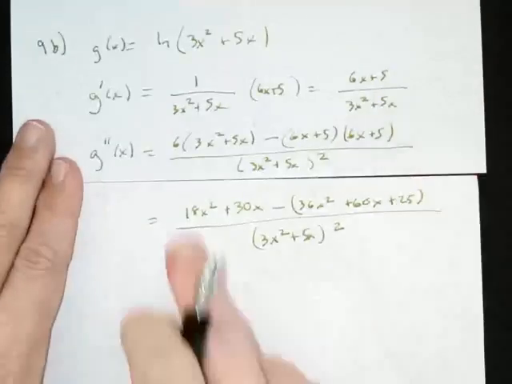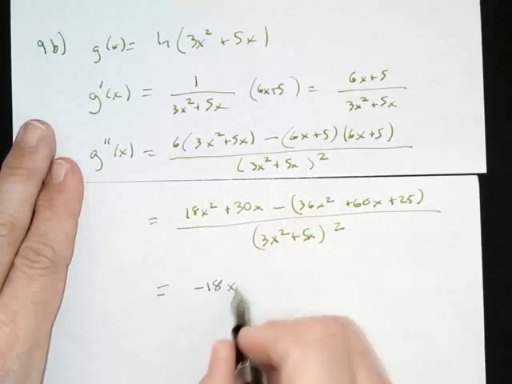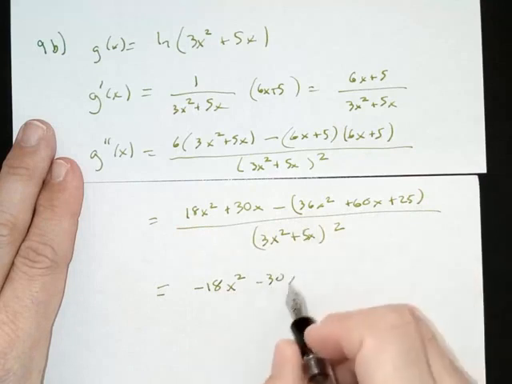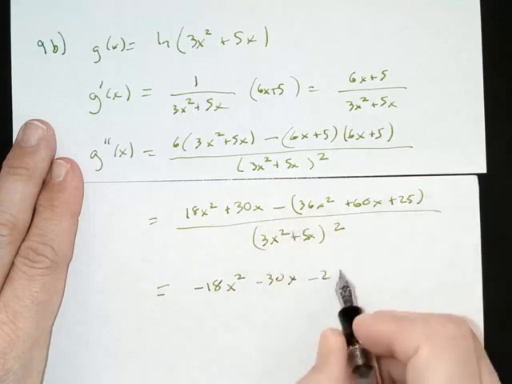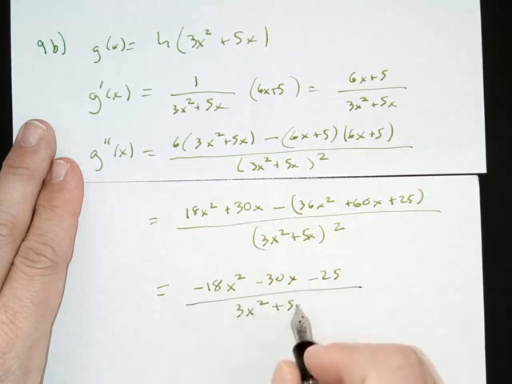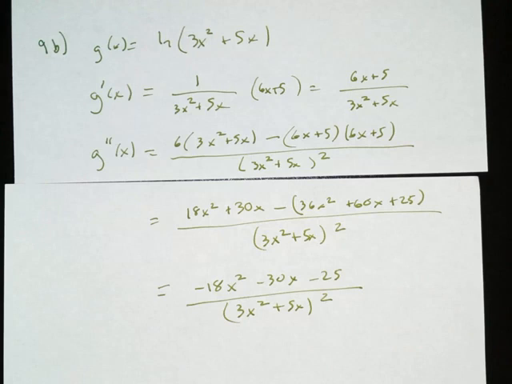So, x squared minus, so 18 minus 36 is minus 18. 30 minus 60 is minus 30, minus a 25. I'm not going to bother to try and factor that. I'm going to leave it just like that. But now it wants another derivative.